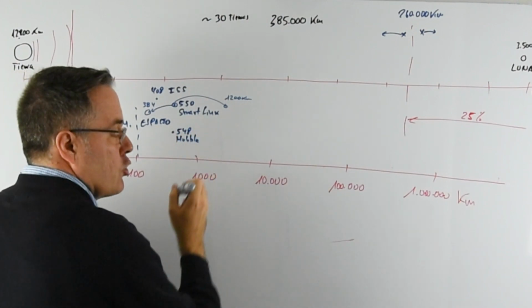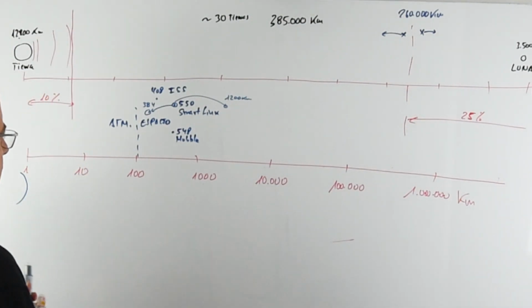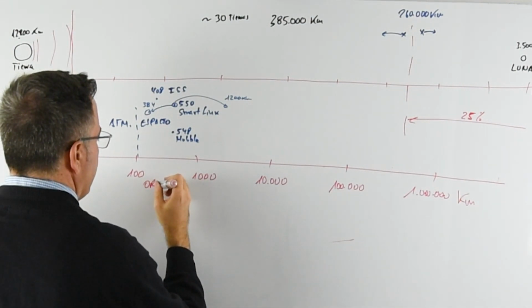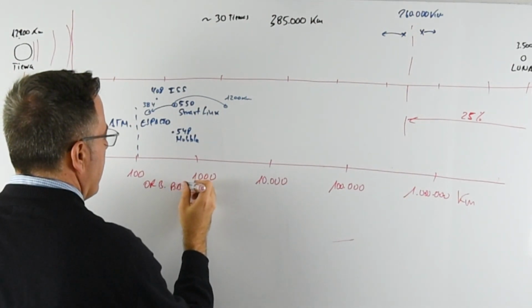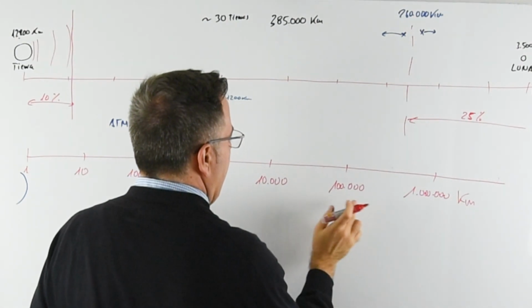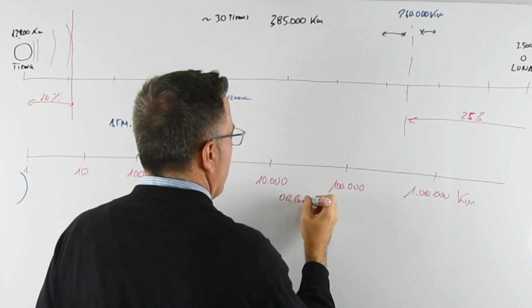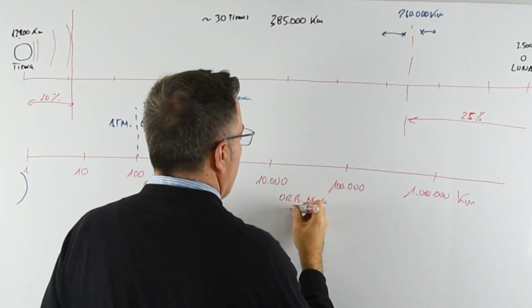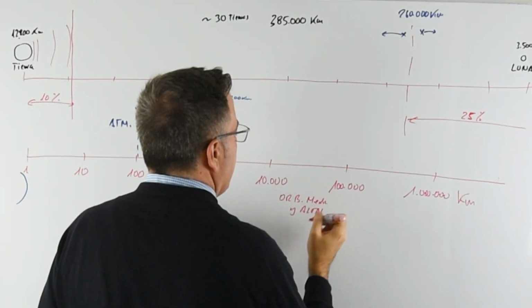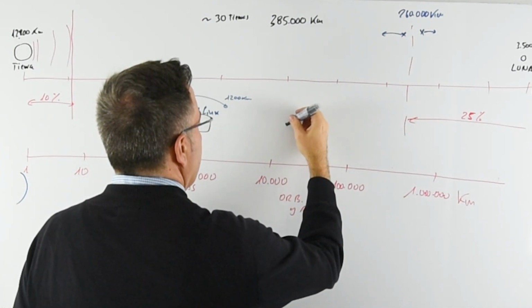Between 100 and 1,000 kilometers we can consider these low orbits, and higher orbits such as 10,000 to 100,000 are the medium and high orbits.